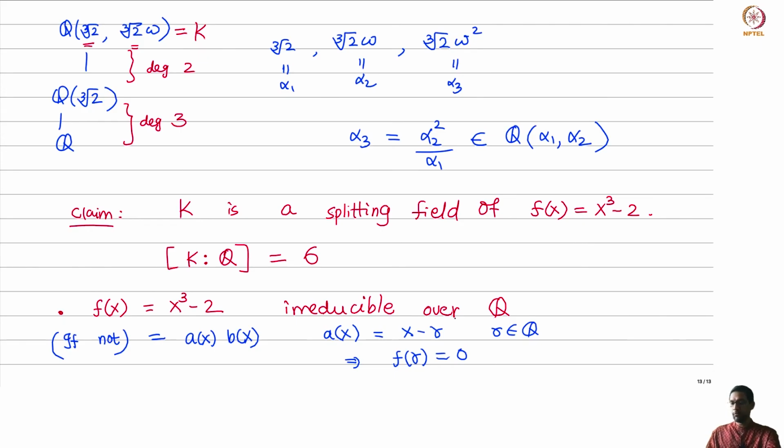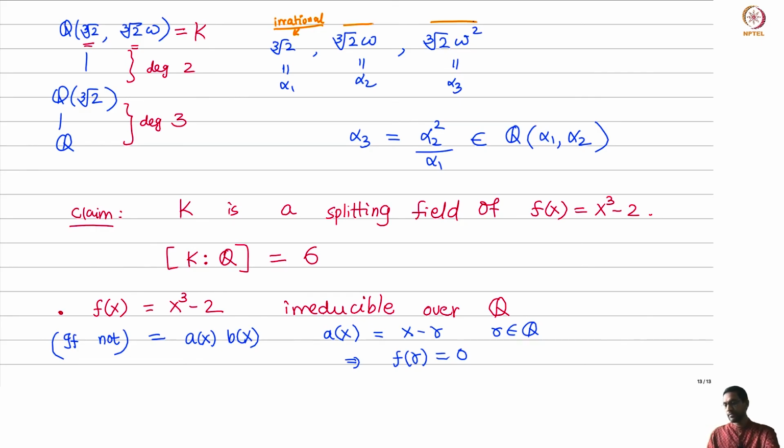One can easily check that none of these three roots is in Q. It's clear that this one is irrational. Maybe one has to give a short proof of that, but since the cube root of 2 is irrational, it's not in Q, and these two are clearly not in Q, since they have an imaginary part.